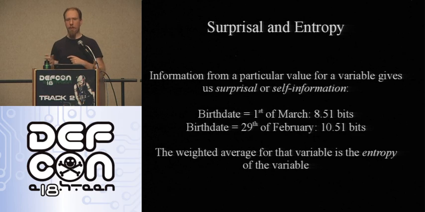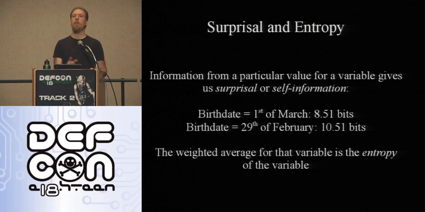So if we talk about a random variable you might measure, like someone's birth date, you can talk about the amount of information you learn when you learn a particular value of that random variable. So if we're talking about birth date, and you learn that my birth date is the 1st of March, then you've learned 8.51 bits about my identity.